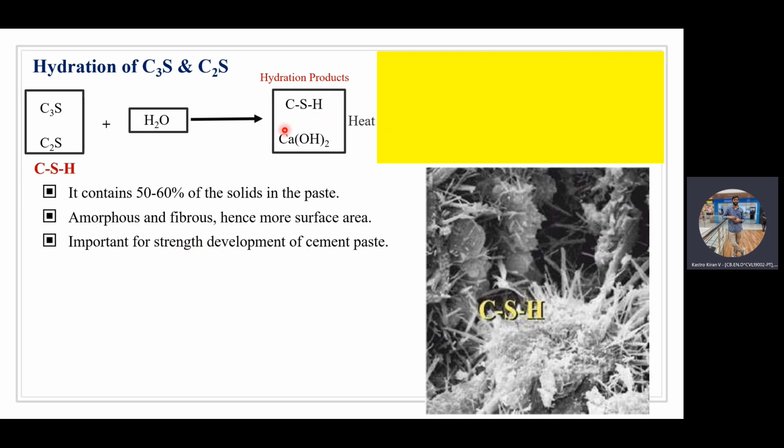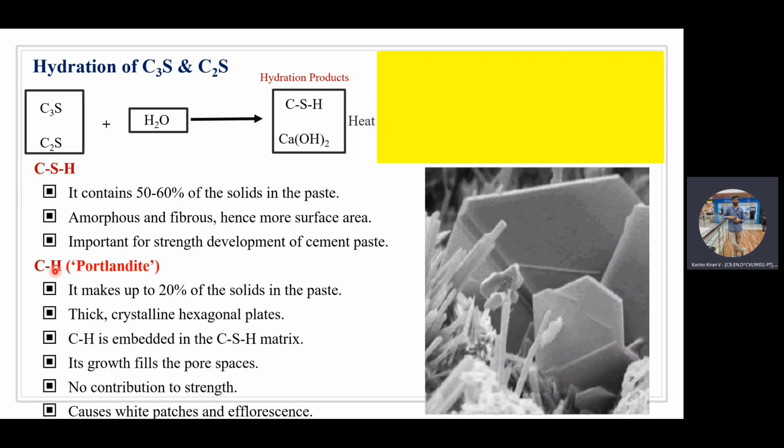Then let us focus on understanding CH, that is calcium hydroxide. Calcium hydroxide is also called Portlandite, and it occupies 20% of solids in the cement paste. It appears like hexagonal plates. Whatever needle-shaped structures you are seeing are called ettringite compounds.